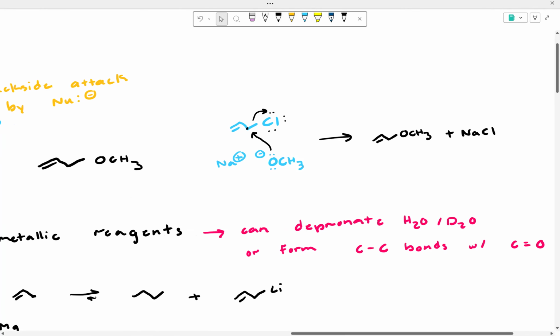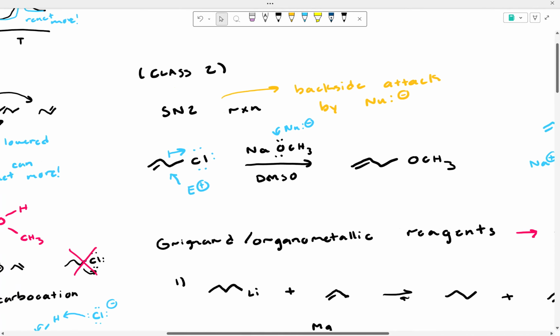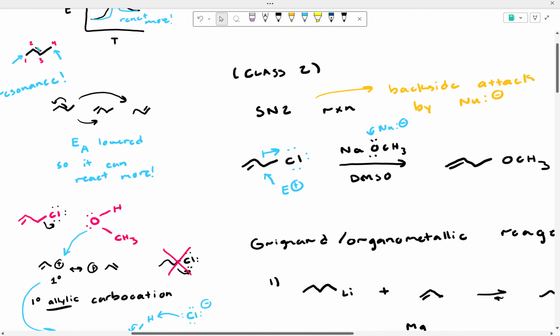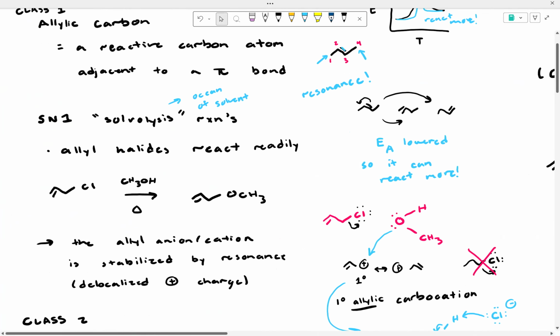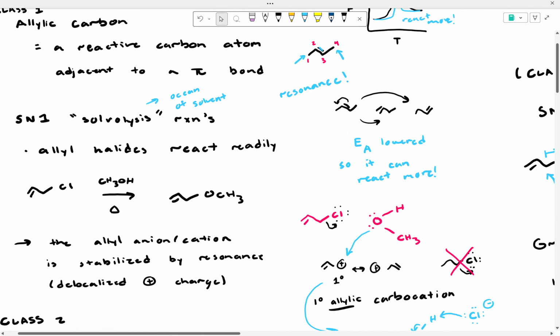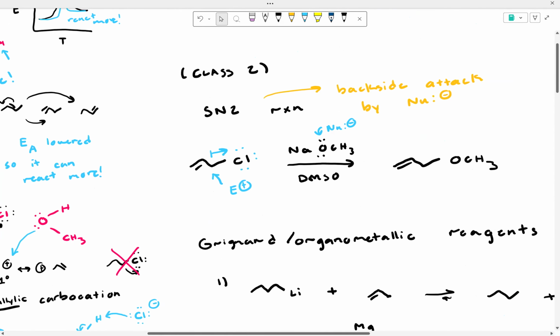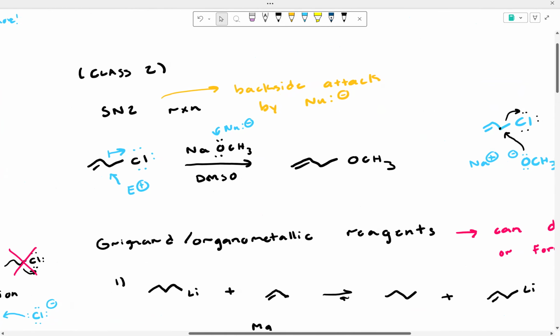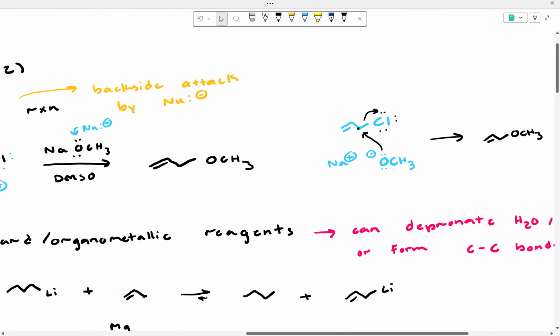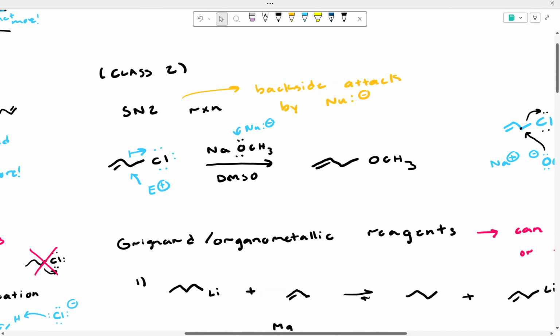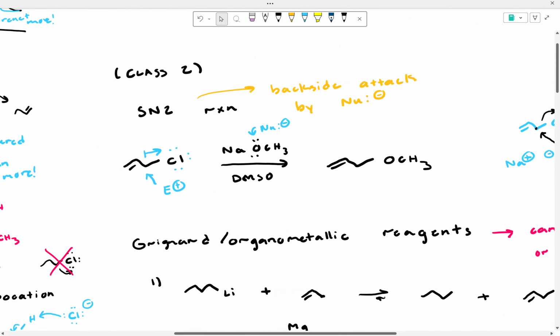And something we might be thinking is that, well, in our last reaction, we said that chloride is going to leave. But in the SN2 reaction, this all happens in one step. This is because our nucleophile is a very strong base.